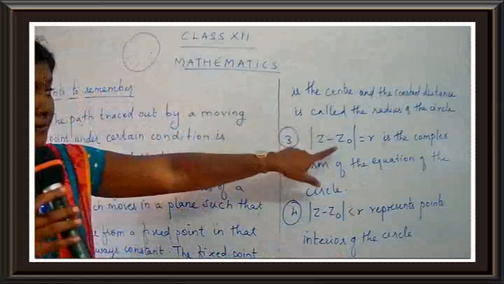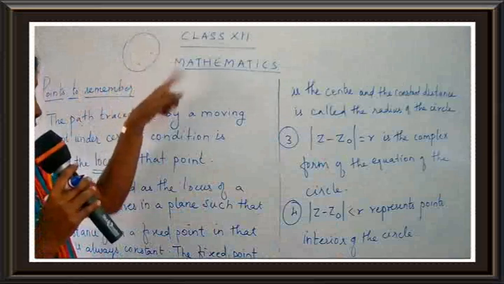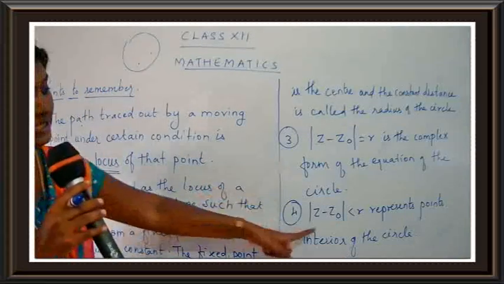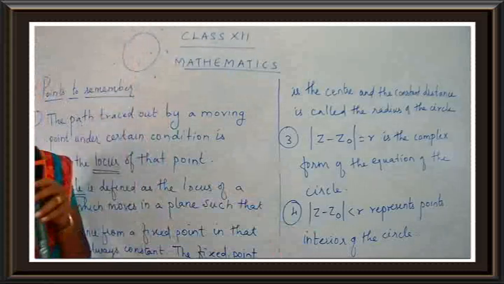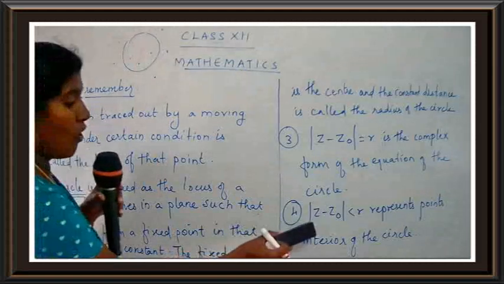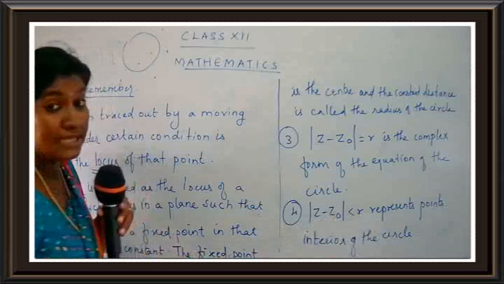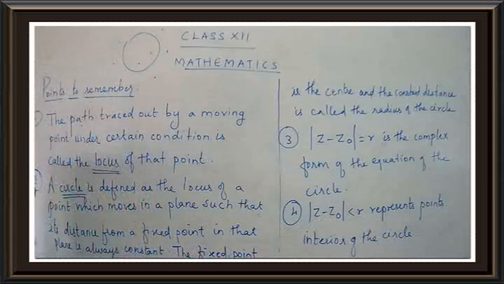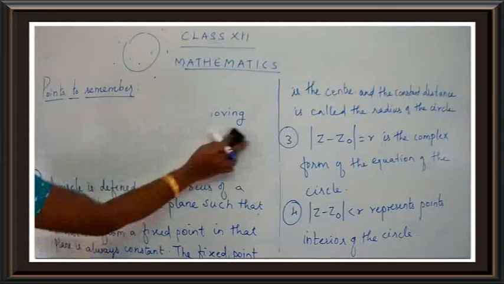And if it is equal to r, it will be lying on the circle. And if it is greater than r, the points will be lying on the exterior of the circle. So you have to remember the conditions. If mod of z minus z naught is less than r, it represents the points interior of the circle. One more point, the last point.